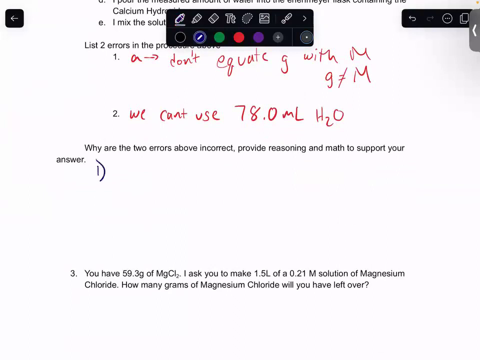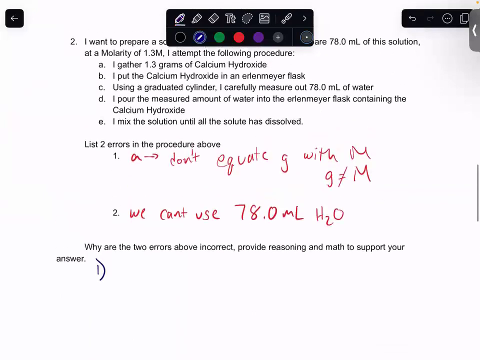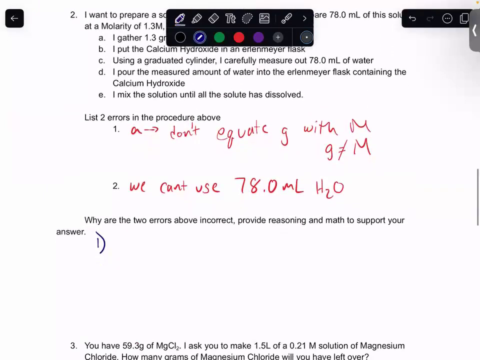Well, for number one, to find out how much calcium hydroxide we actually need, we will find the proper mass of CaOH2, and we'll show that work right down here. We know that mole is equal to molarity times liters.